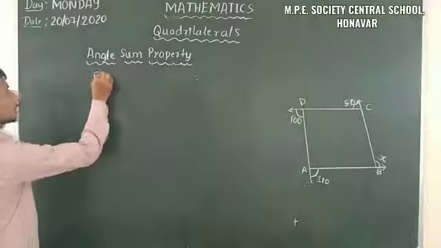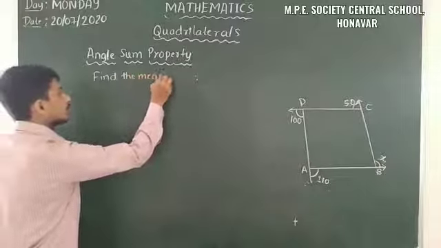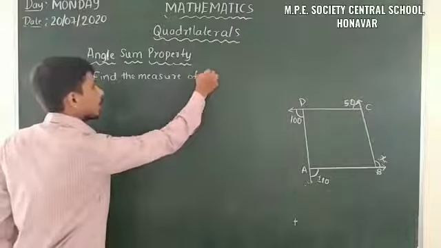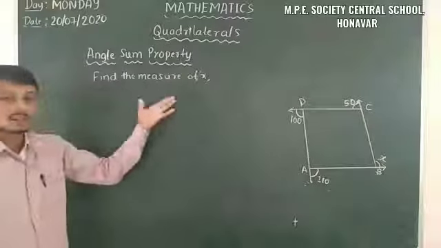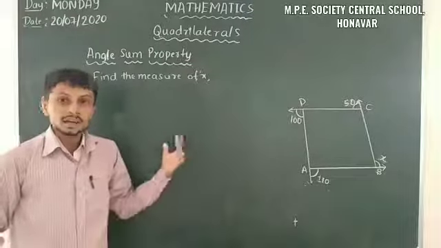It means find the measure of x. How can we find it here? With the help of the sum of the exterior angles of any polygon.